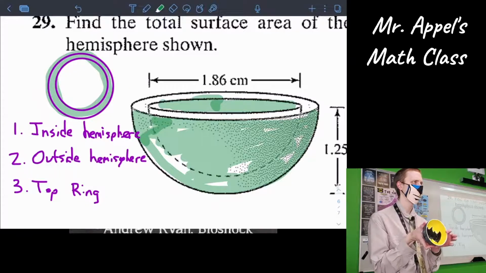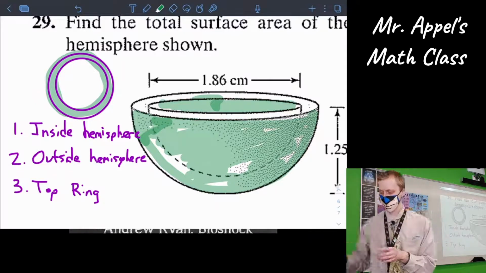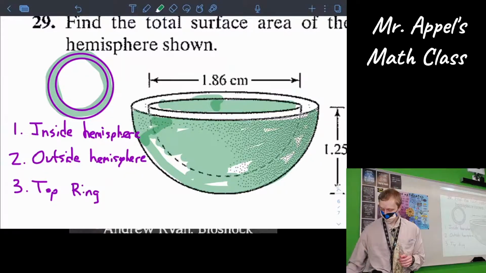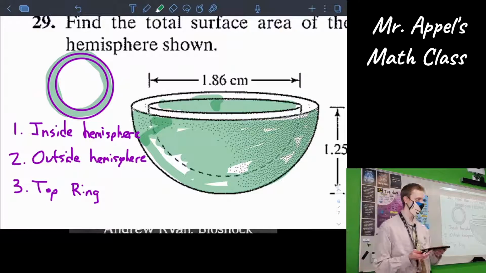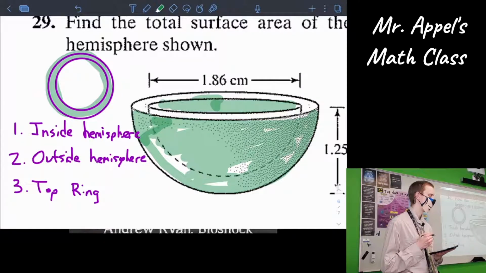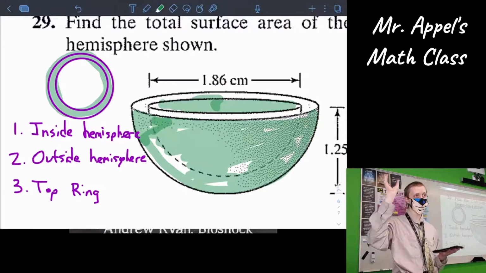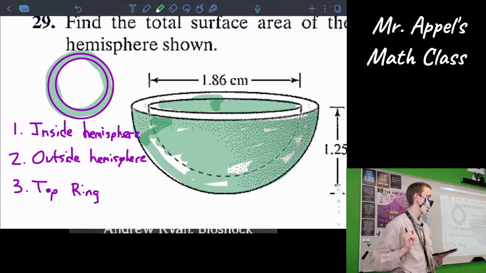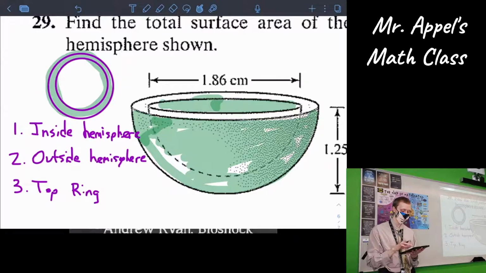Okay? Does that cover all of the exposed surfaces? Yeah. Okay, so that's main thing number one. Make sure you get all the exposed surfaces of your object.